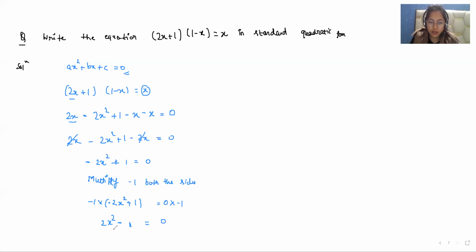Here is x square, but there is no x, and c is minus 1. So what is the value of a here? If we compare, the value of a is 2, but there is no expression for the bx value. So we will take b as 0, and the value of c, the constant, is minus 1. That's how you can solve this and write your variable values.